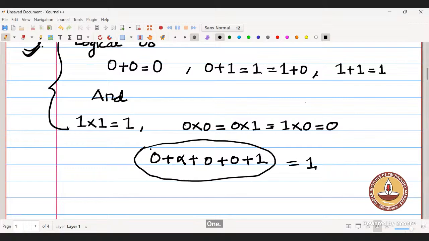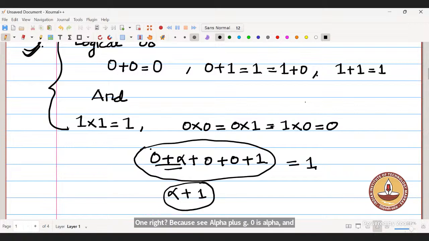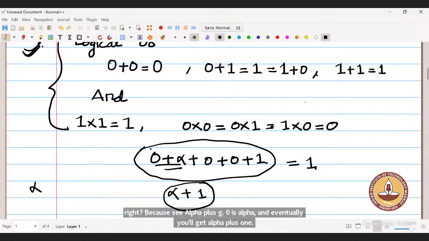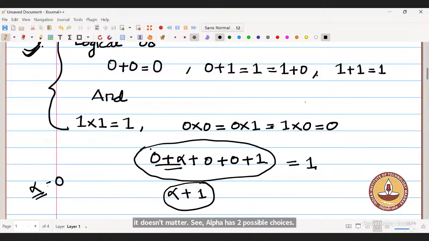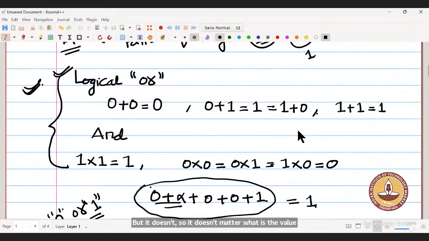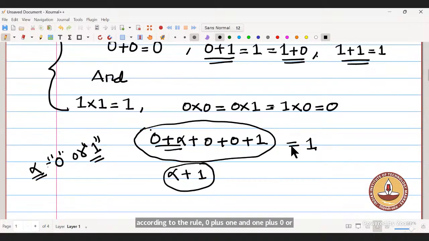Because alpha plus 0 is alpha, and eventually you will get alpha plus 1, but it doesn't matter. Alpha has two possible choices. Alpha can be either 0 or 1. But it doesn't matter what the value of alpha is, because if I add alpha with 1, then according to the rule, 0 plus 1, 1 plus 0 or 1 plus 1, they're always 1.